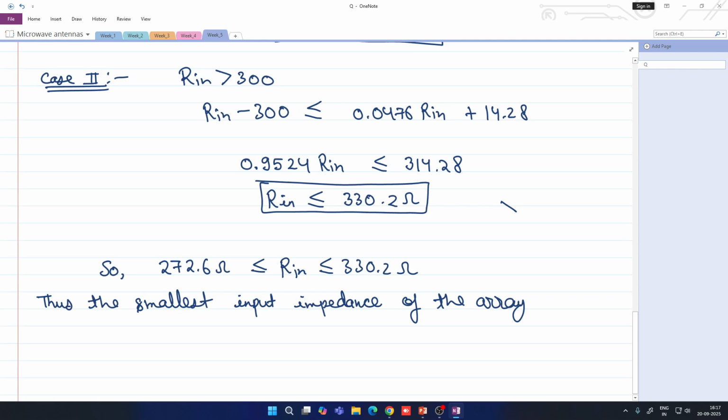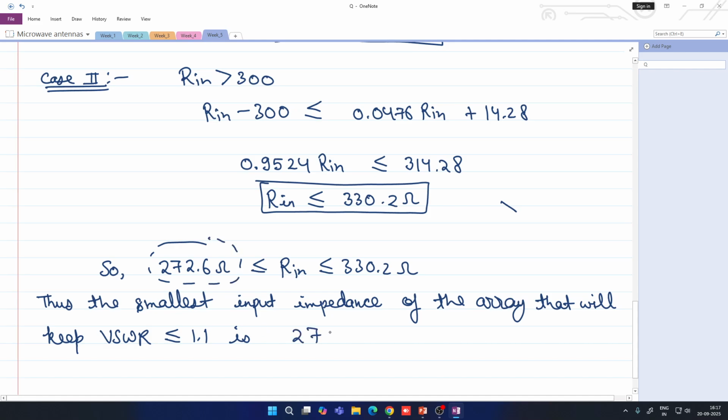Thus the smallest input impedance of the array that will keep VSWR less than or equal to 1.1, now we simply have to select the least value possible. This is the least value, the smallest input impedance, which is 272.6 ohms.